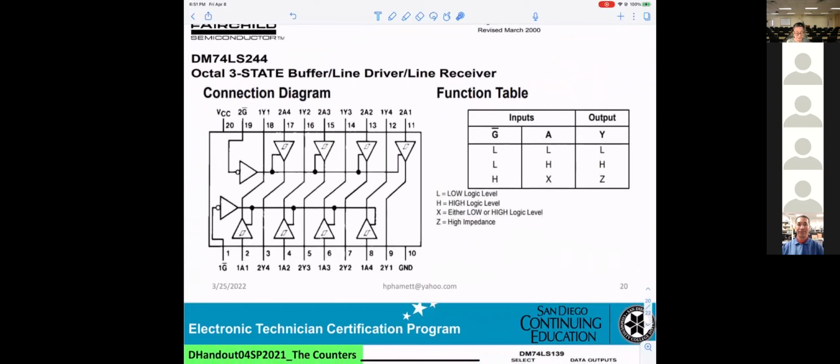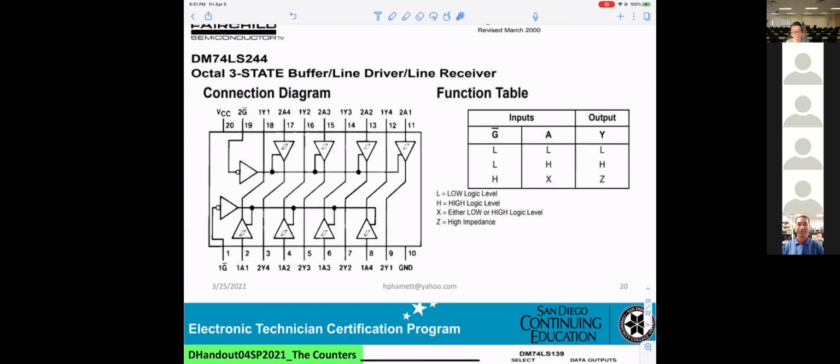Same thing. Another one, 3-state buffer, 244. The only thing I can tell you is this is different from the other two, 541 and 540. This allows you to get 4 bits going out. They don't have to be the same 8 bits. Coming in 4 bits, coming out 4.